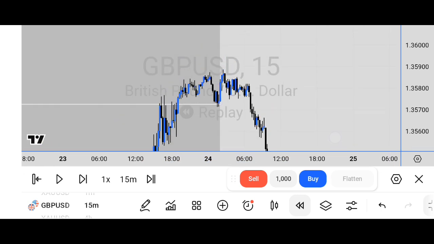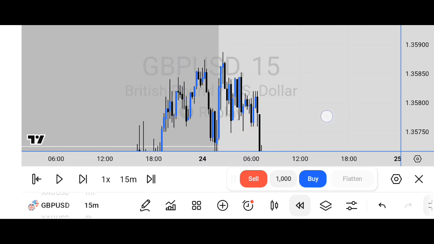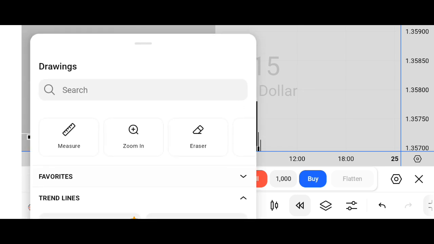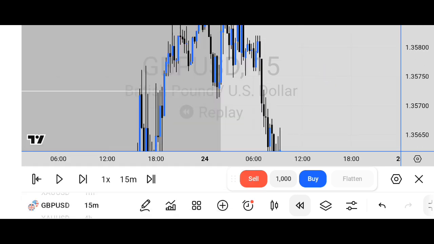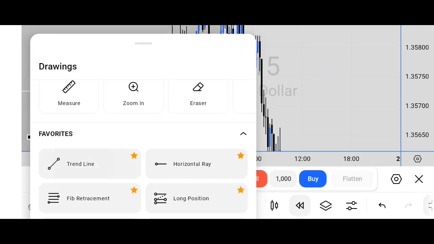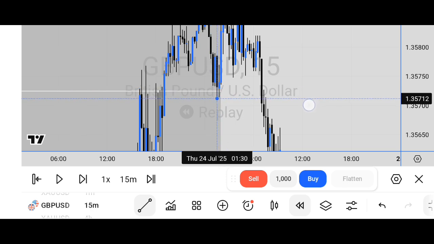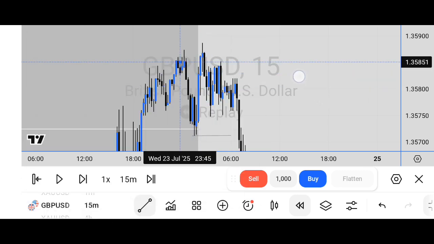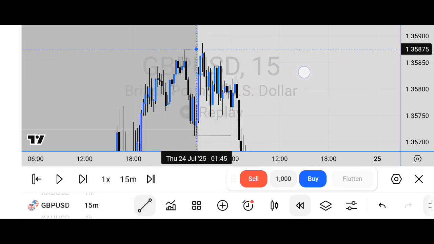Now in this zone right here, we have our inducement sitting right here. This was a sweep of the high, so it did not break. I didn't mean this one break.